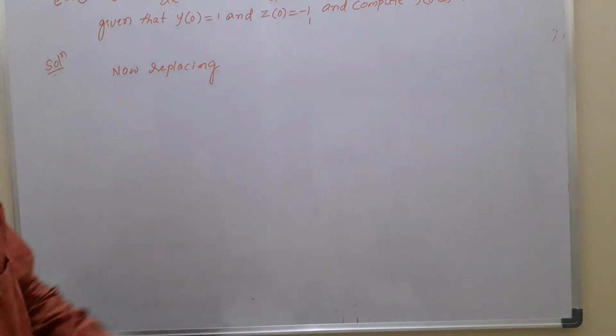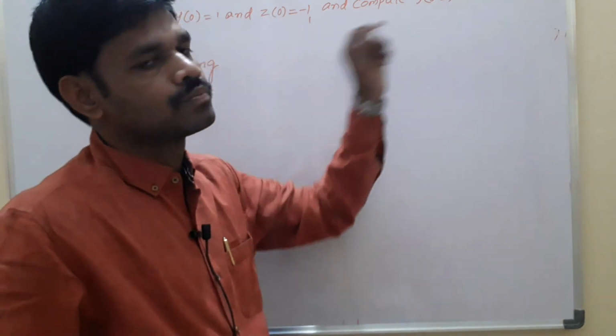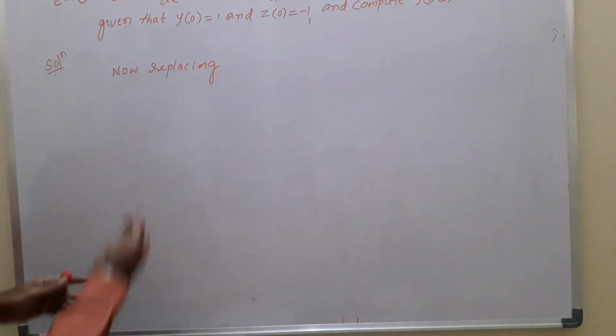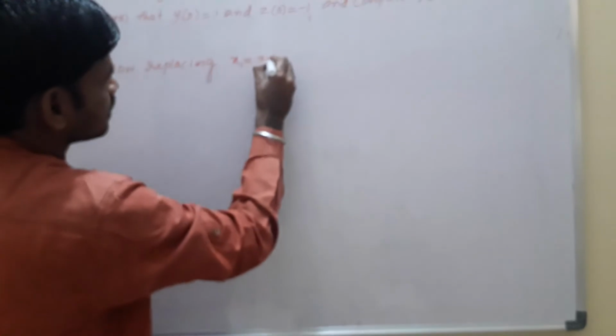So now we have to calculate y2 and z2. For that, now replacing x1 equal to x naught plus h.